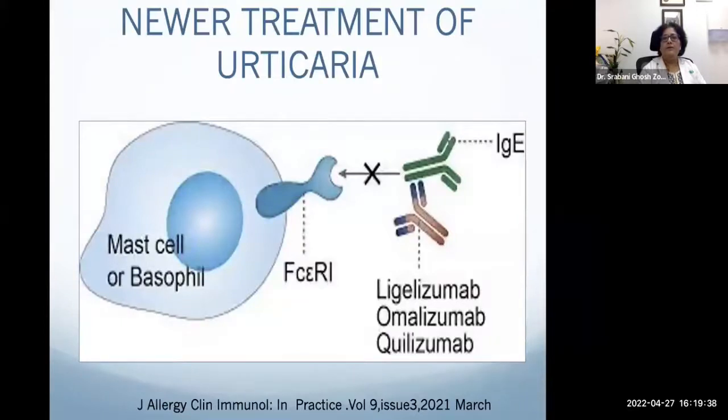The newer treatment of urticaria is of course omalizumab, which blocks the binding of IgE to the receptor. Previously, it was thought that ligelizumab had more affinity than omalizumab, but now it has been proved that it doesn't have any benefit over omalizumab.